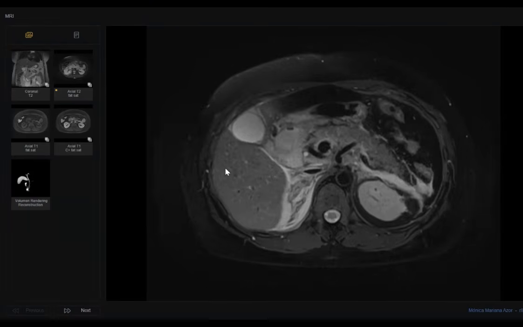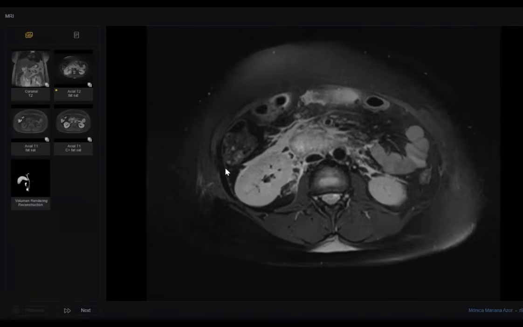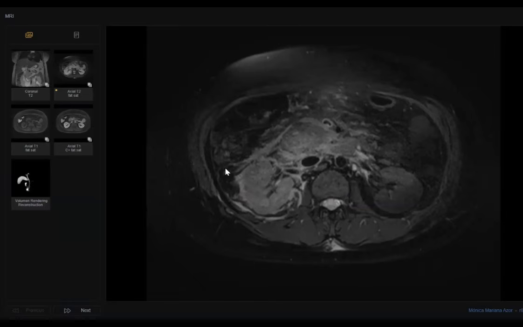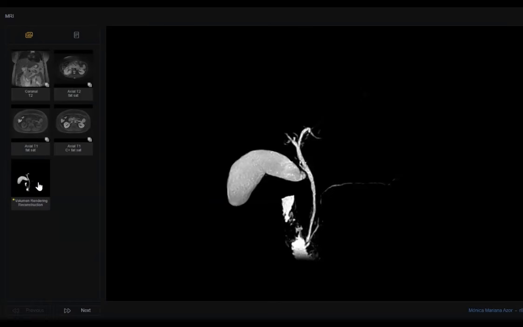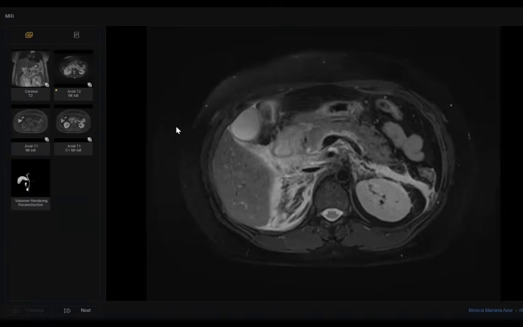You insinuate yourself into a big problem. Don't describe pancreatic divisum, and we have a better sequence like this, which is the best to talk about the pancreatic duct. But from here, you can rule out something else.